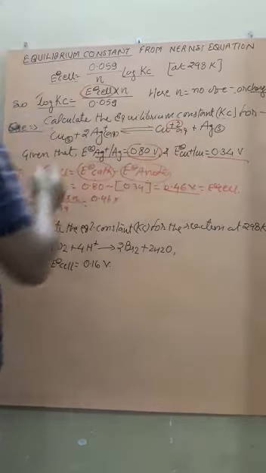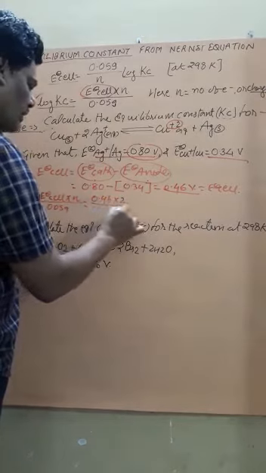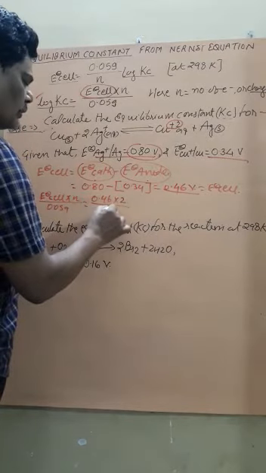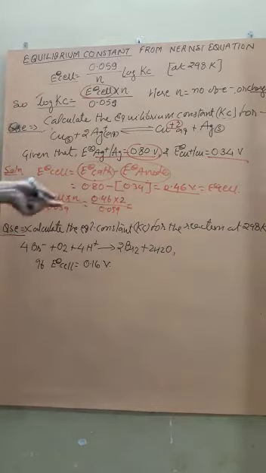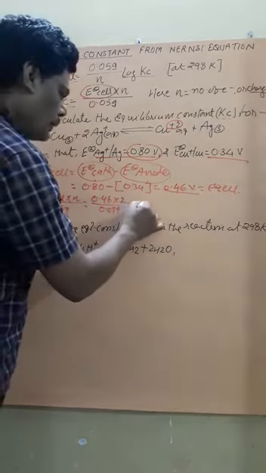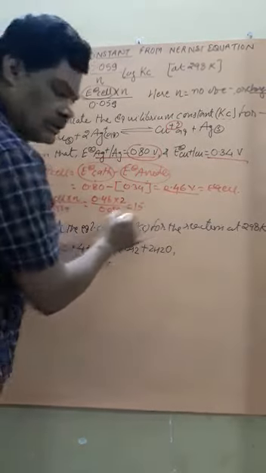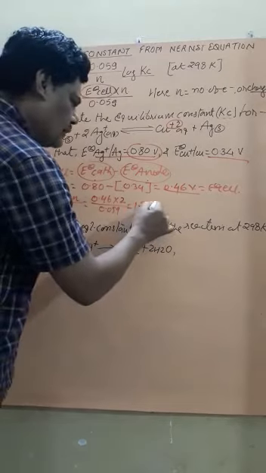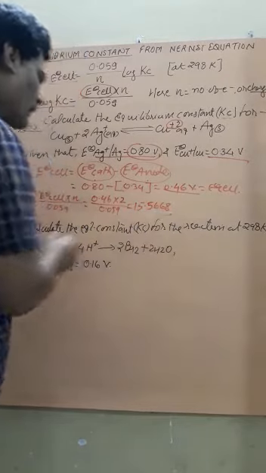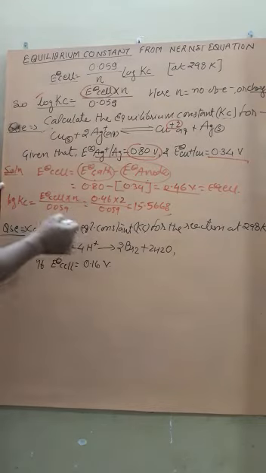You can see here the charges, plus 2. So you can write 2 divided by 0.059. When you solve it, you will get the answer 15.5668.